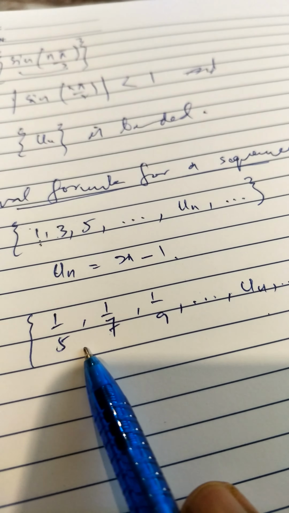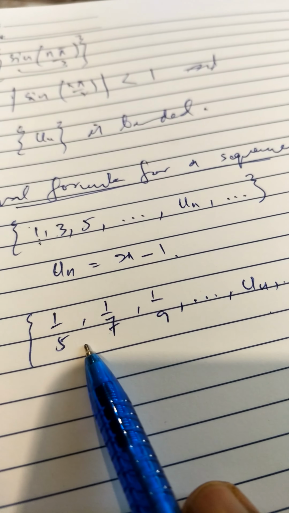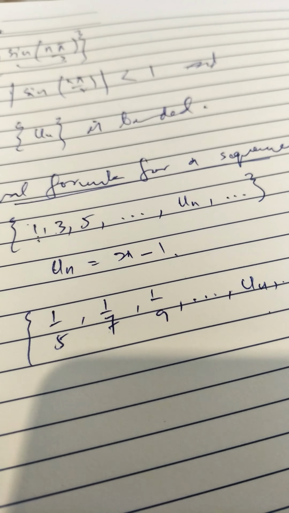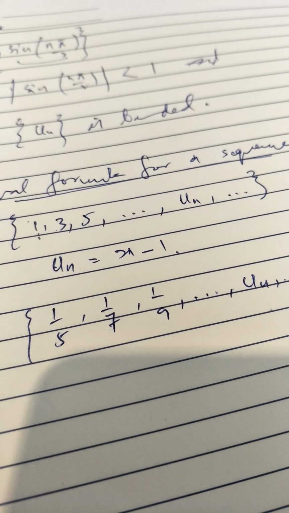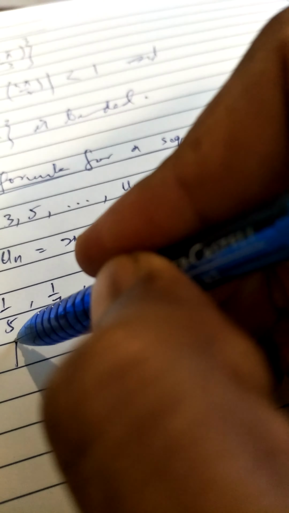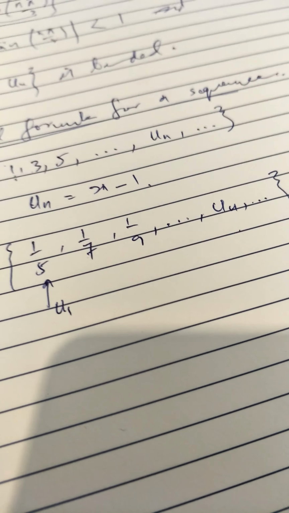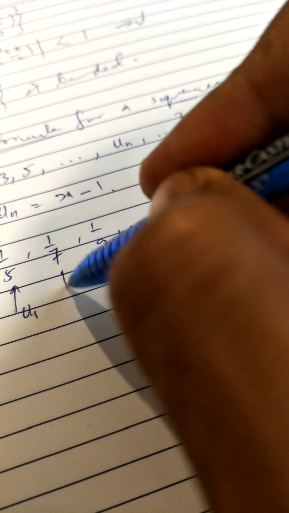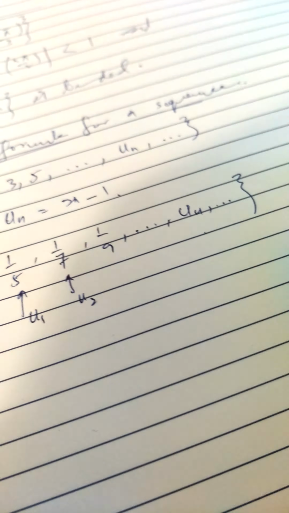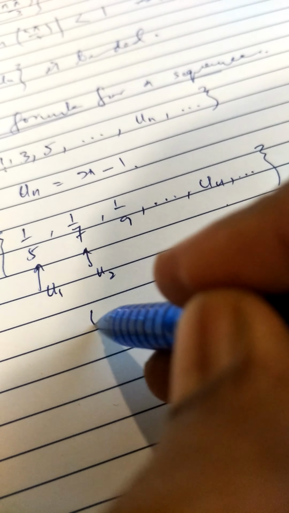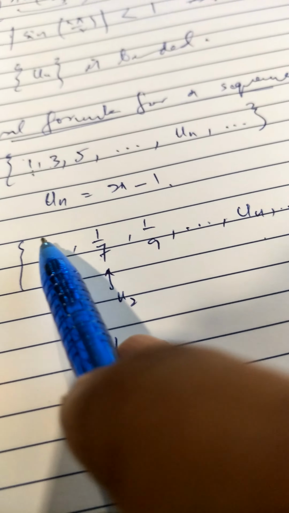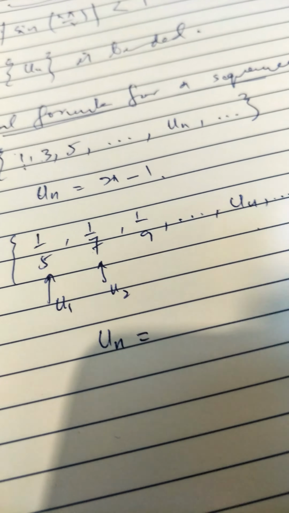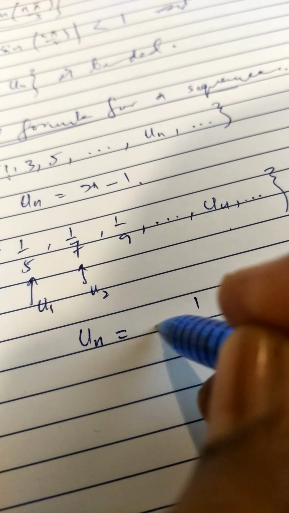So it must be something like 2n minus or plus some odd number. This is u1, u2, u3, and so on. For un, you can see the numerator doesn't change, it's 1 everywhere, so you can write 1 over.